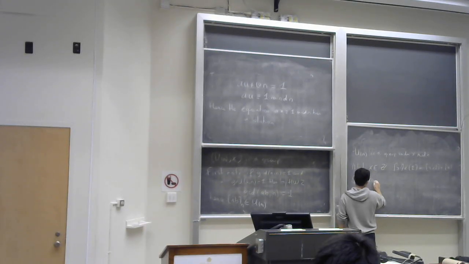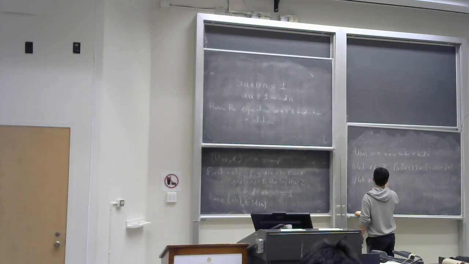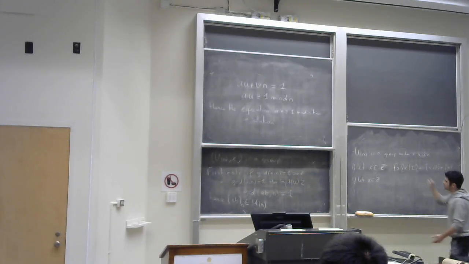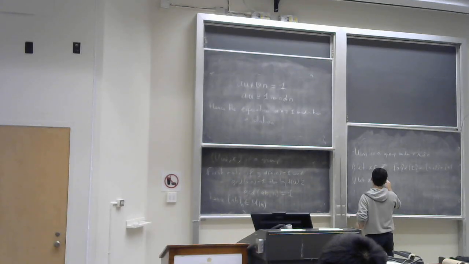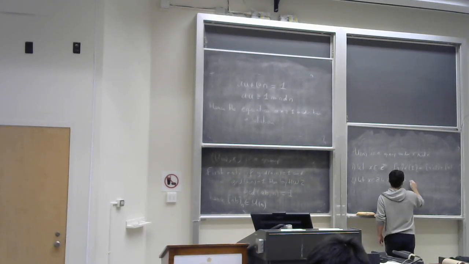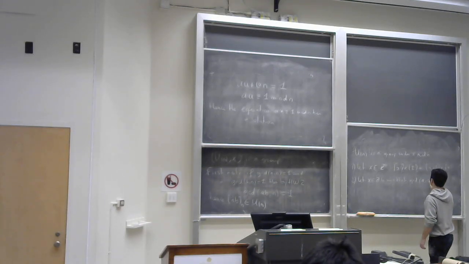This holds for any equivalence class, so you don't really need the fact that x is in U_n. Now let x be in Z such that gcd(x, n) is equal to 1.